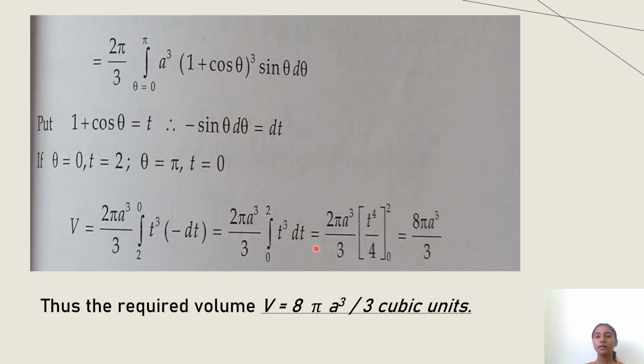So we will integrate with respect to t. We will get 2 pi a cube by 3 into t power 4 by 4, and the limits from 0 to 2. Then we substitute the limits. We will get 8 pi a cube by 3. Thus the required volume V equals 8 pi a cube by 3 cubic units.